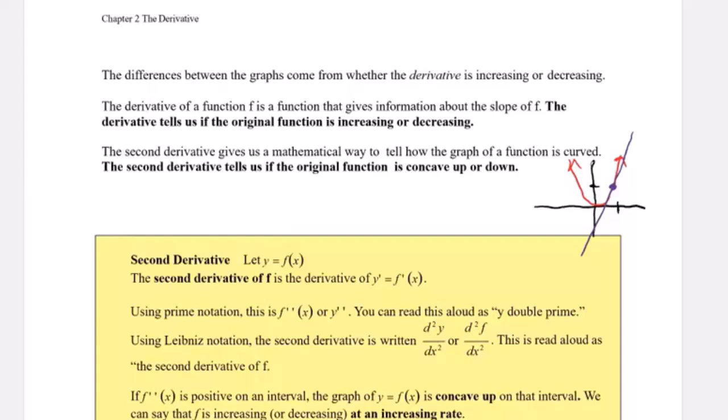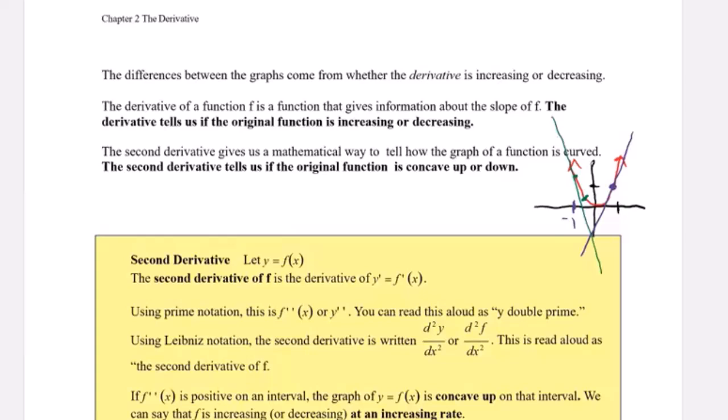But it's positive. I mean, we can figure out what it is, but it's pretty steep and it's positive. If I take the tangent line right here at -1, it would look something like this. Okay? And so the differences between the graphs come from whether the derivative is increasing or decreasing.